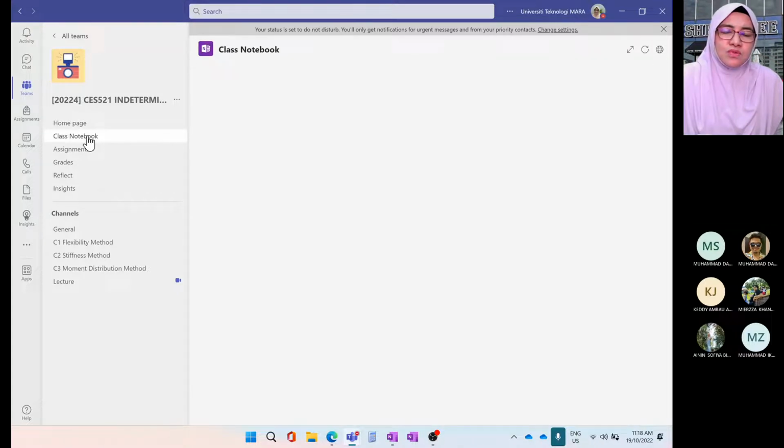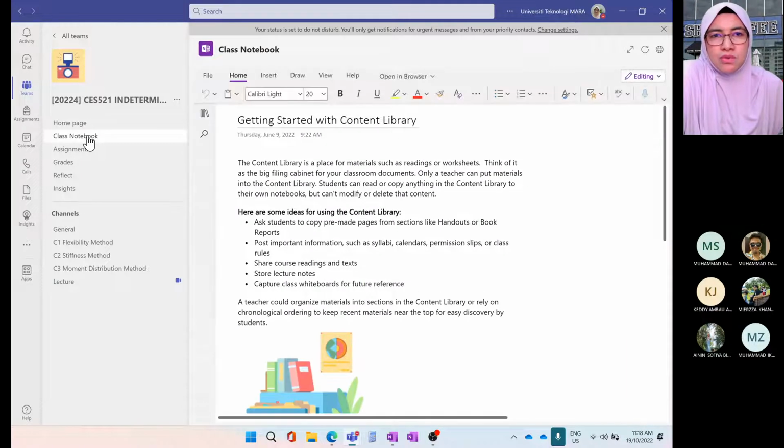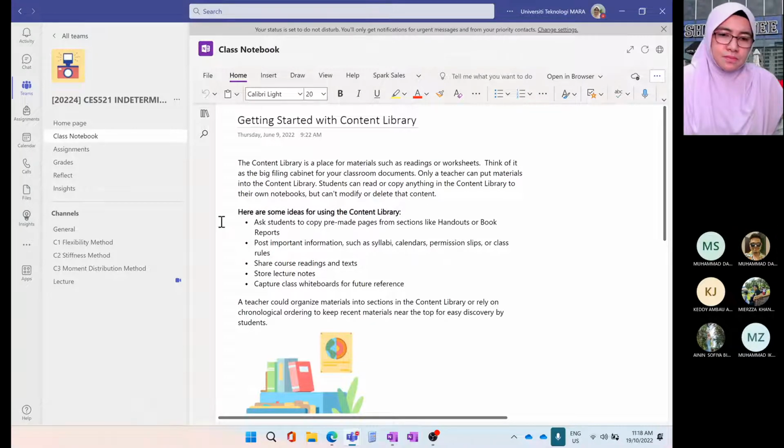And then I have also generated a class notebook, which is OneNote, your OneNote. So make sure you install OneNote as well as Teams in your handphone, so that you can access all content in OneNote. Basically, I will use OneNote and put all the notes and textbook inside OneNote.